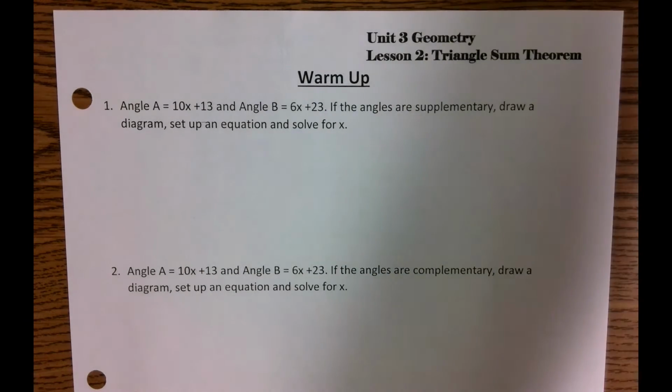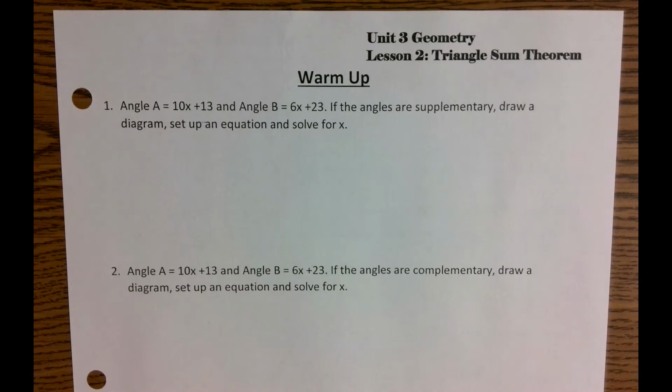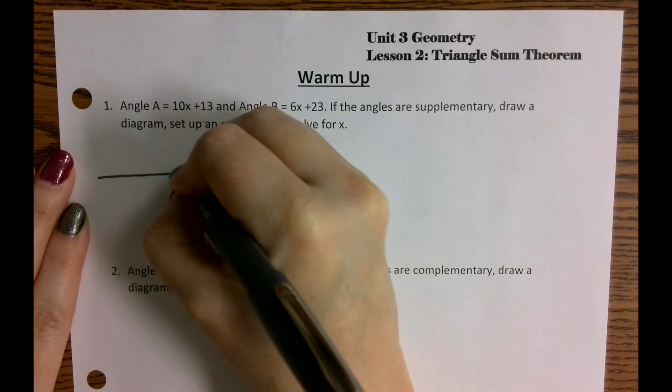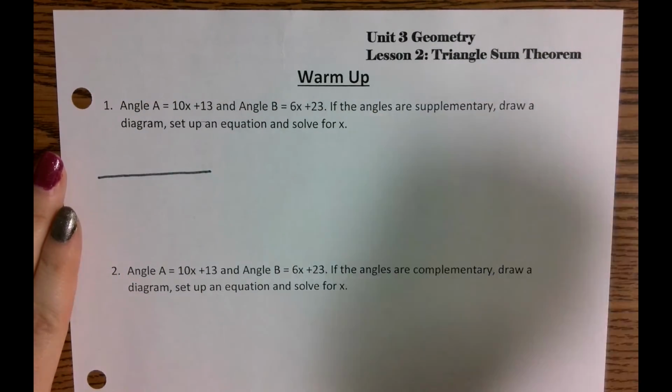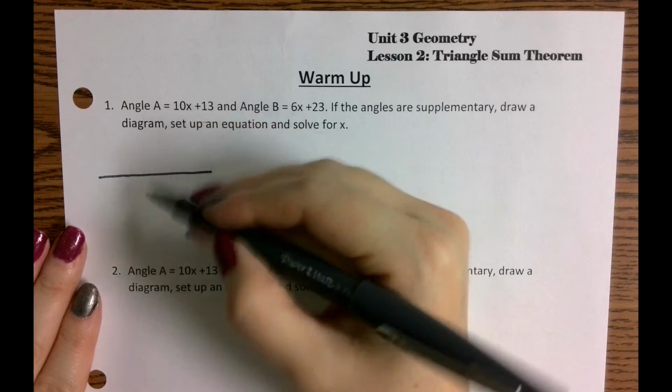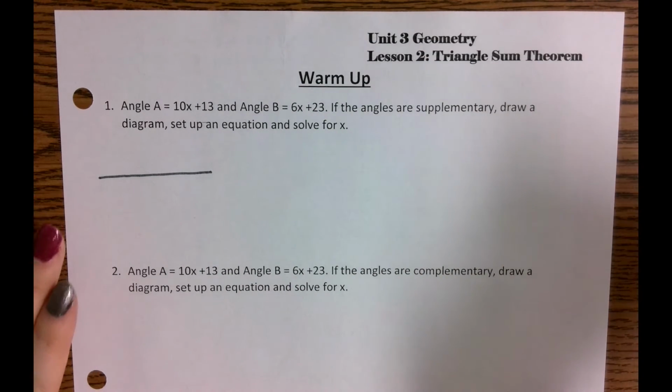So drawing a diagram, if it's supplementary, what should it look like? What's the final formation going to look like, Ray? Should be just like a straight line, right? Supplementary angles, when they're finished being formed, look like a straight line. You might have some kind of ray coming out from in between them.